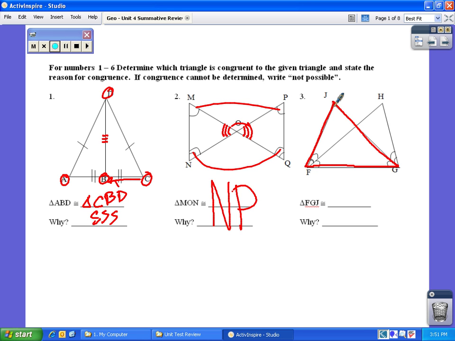For JFG, notice that we have our shared side by the reflexive property. We have one angle by the angle addition postulate, angle HFG and angle JFH make up angle JFG. And then this angle here, FGJ, has 1 hash mark on it.